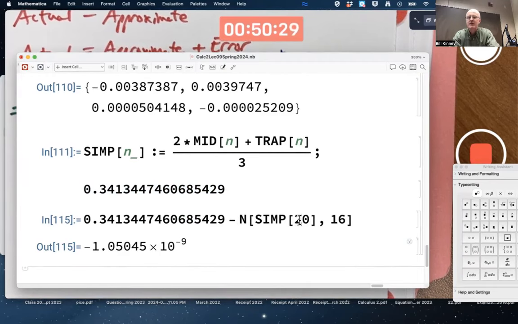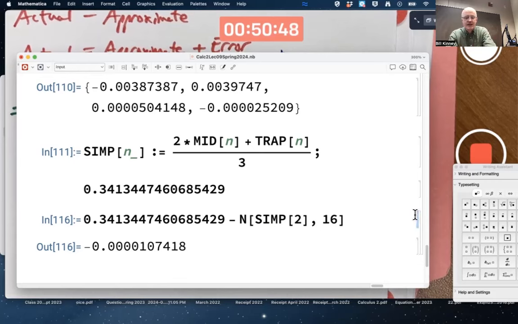What happens as you increase n with Simpson's rule? With n equals 2, the error is still pretty small. Negative 0.00001. About negative 10 to the negative, what would that be, 5? What happens if I double n here?